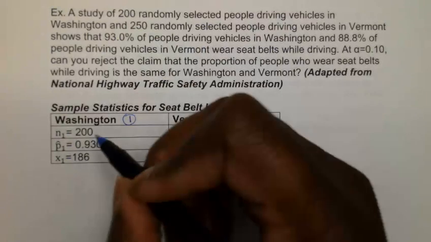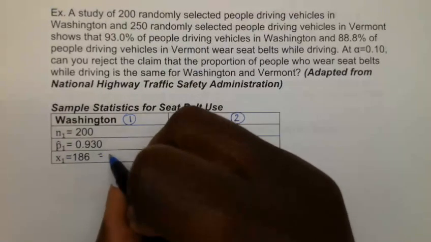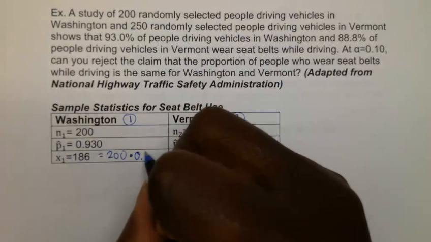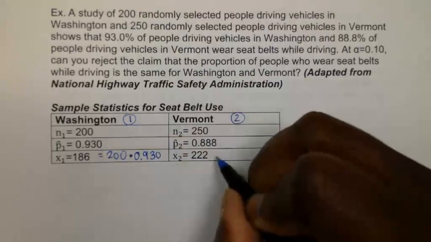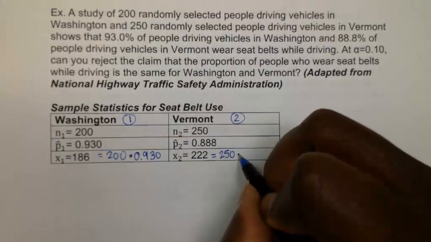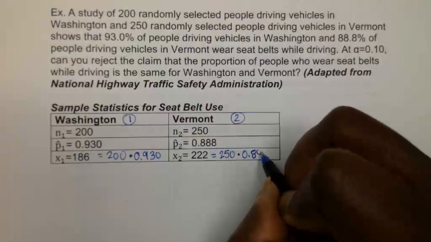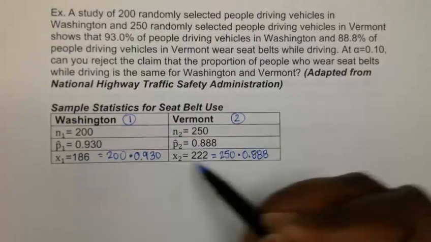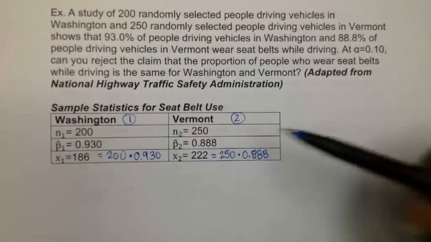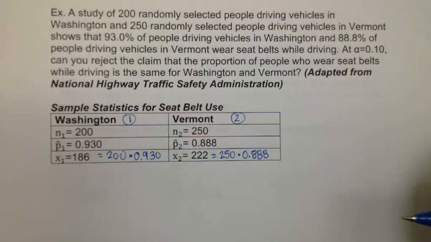To get x, x was equal to n times p hat. That's where they got those numbers from. So just in case you don't see your x1 and x2, that's how they got those numbers.